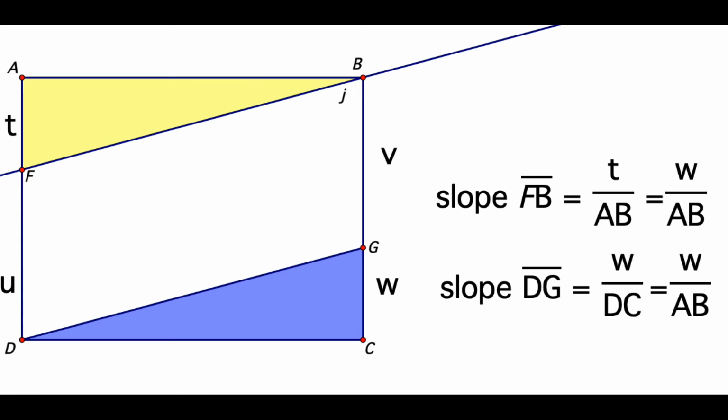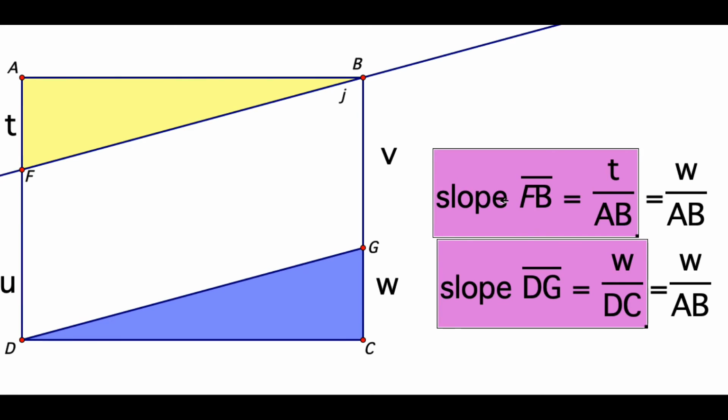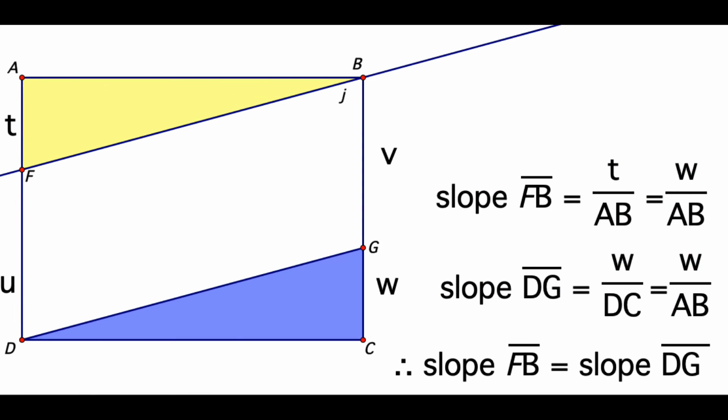And we get that slope of DG equals W over AB. Since both of our slopes are equal to W over AB, then I can clearly see that the slope of FB is equal to the slope of DG. This confirms that the slope of parallel lines are equal.